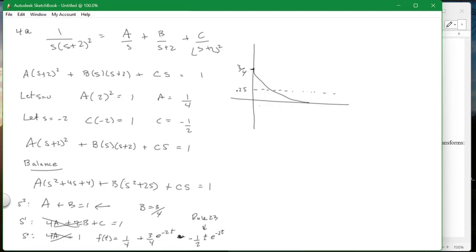And minus a half t e to the minus 2t, which is this kind of a function times this type of function. You multiply this times this, what do you get?